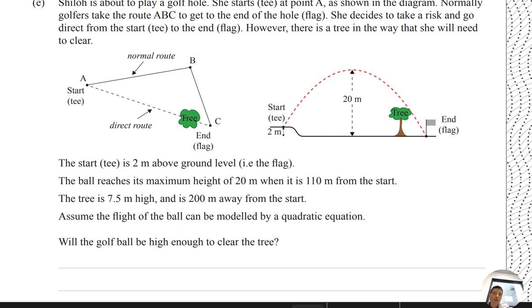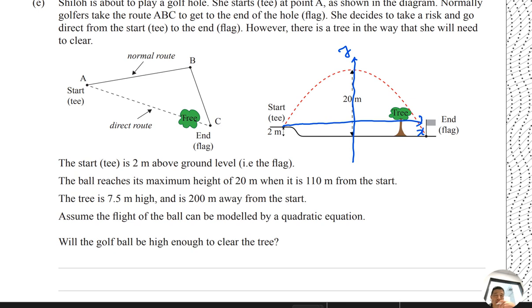So in this question, you have to form that quadratic equation for this parabola. Because it's 2 meters high, why don't we make this the y-axis and this x, right?